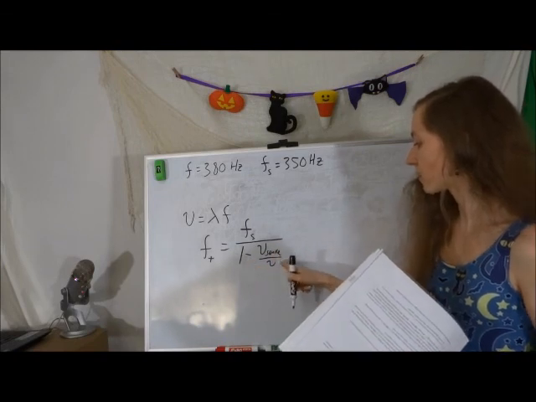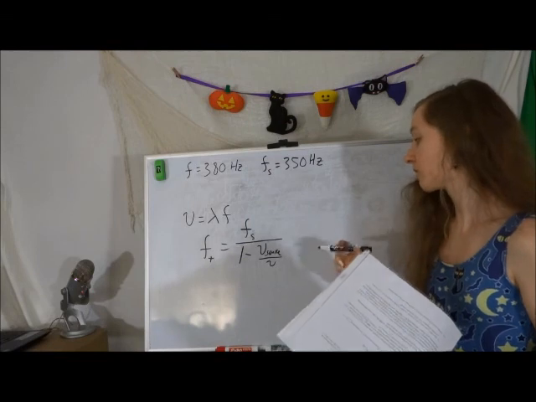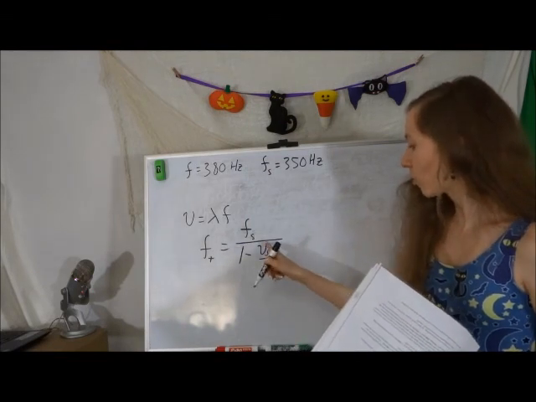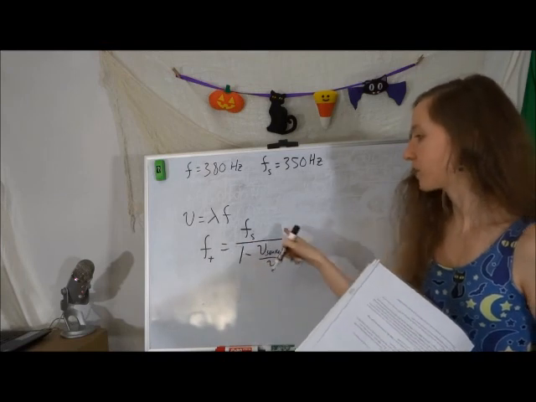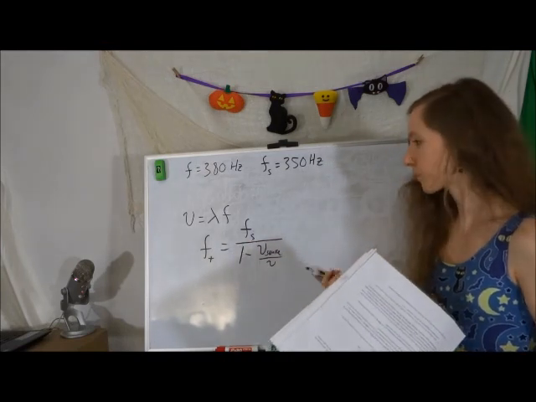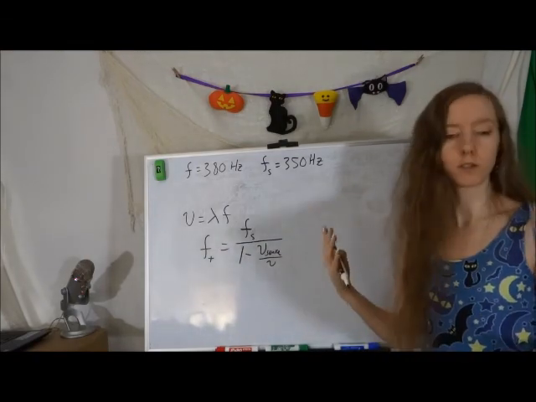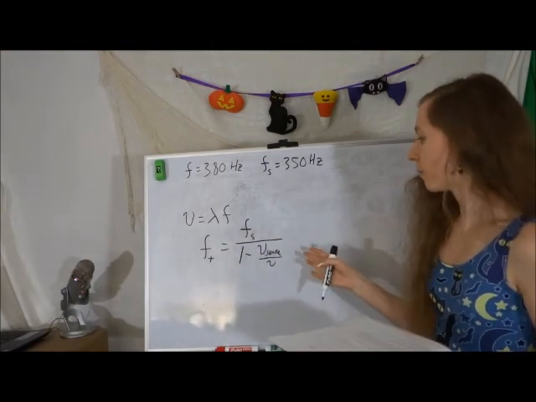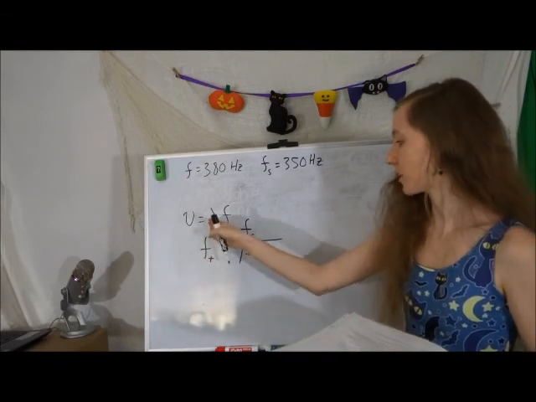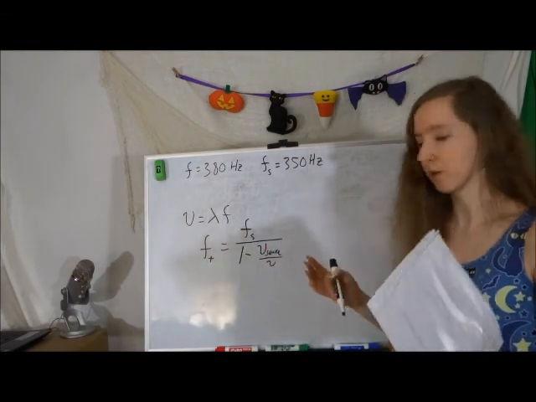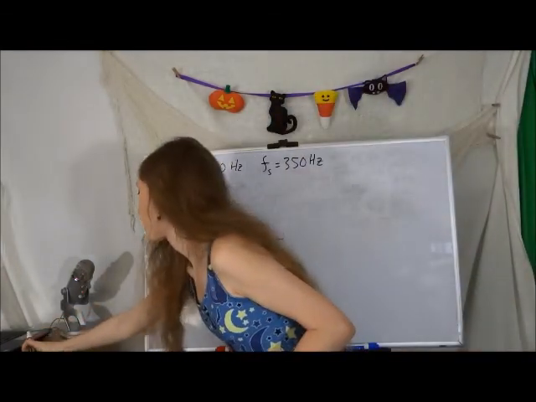So we have 1 minus some number that's less than 1, but still between 0 and 1, still positive. Our denominator is going to get smaller, which means our frequency as a whole will get bigger. So that's another way of looking at it that leads to the same answer. Our werewolf is approaching because this denominator will get smaller, making this frequency bigger. So our werewolf is approaching.